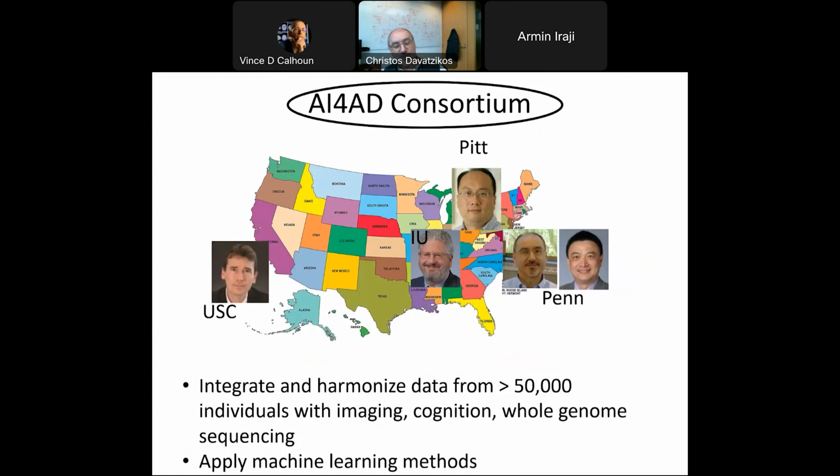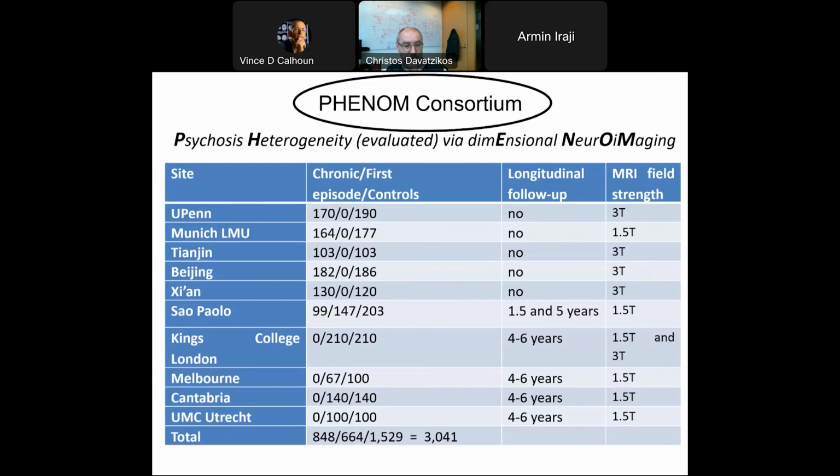This is the AI for AD consortium that Vince mentioned before. Five of us are the lead PIs, and there's a bunch of other people who are also co-PIs. We're putting together data, MRI, whole genome sequencing, and clinical data from a number of centers around the country, particularly AD clinics, to be able to offer a data set, hopefully over 50,000 people, with characterization of imaging, genomics, and cognition, so that people can start mining the data and try to find associations between imaging and genomics and so forth.